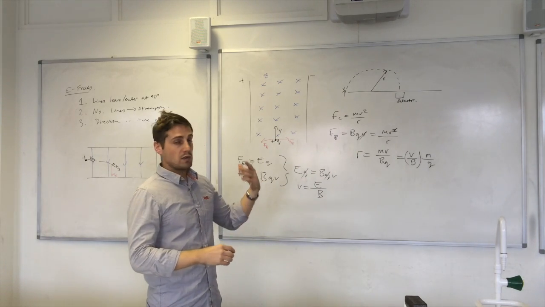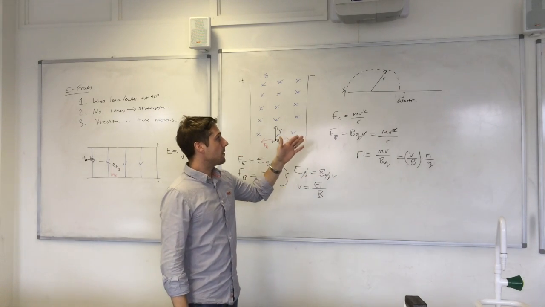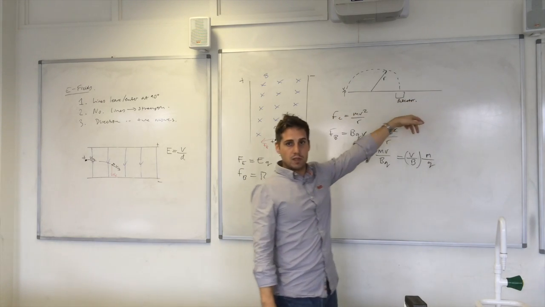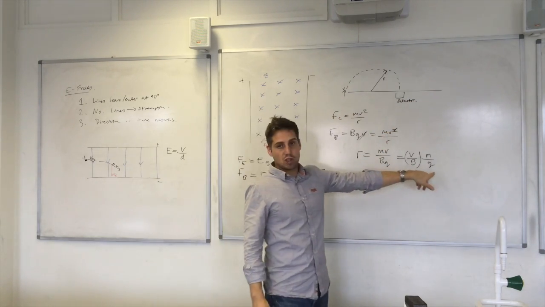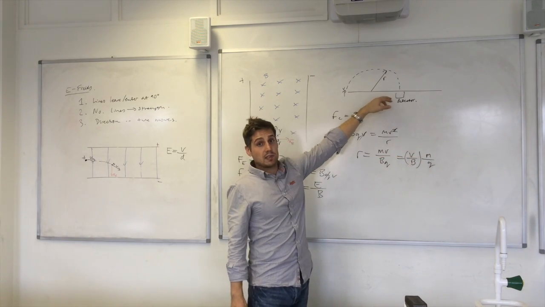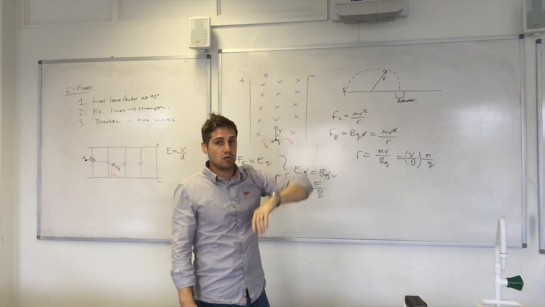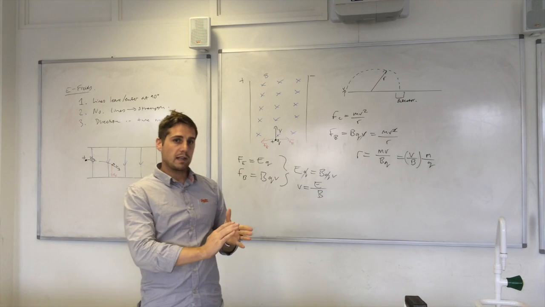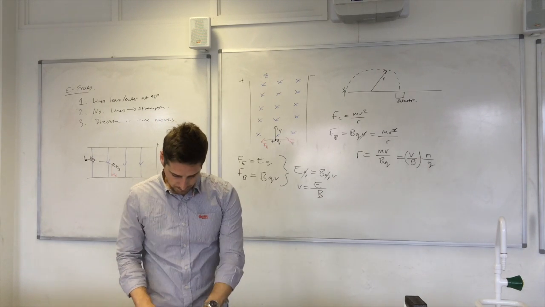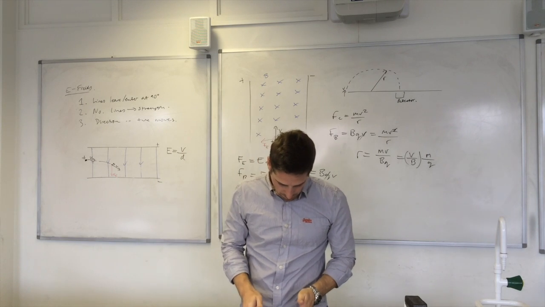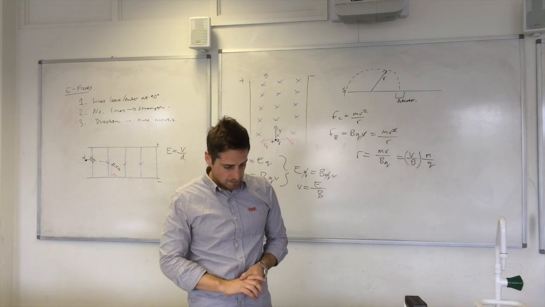If your particles have larger mass, then they will have a larger radius and not reach your detector. If they have a larger charge, for example, then they'll have a smaller radius and therefore they won't reach your detector either. So you can select for a certain mass to charge ratio. That's our velocity selector and mass spectrometer.